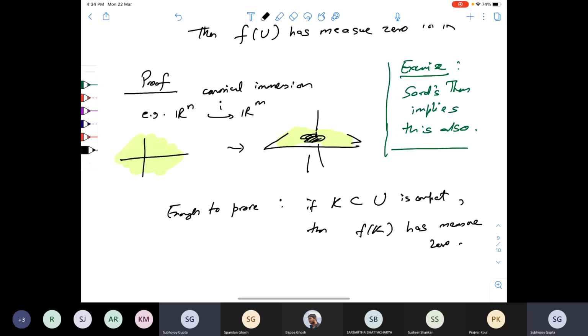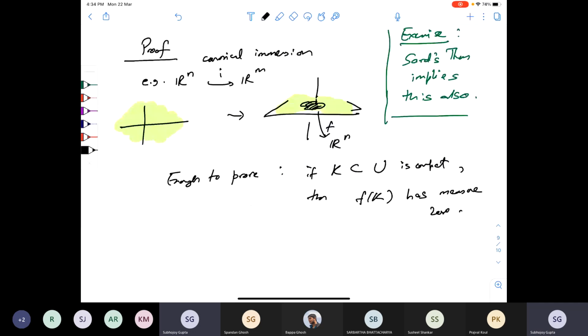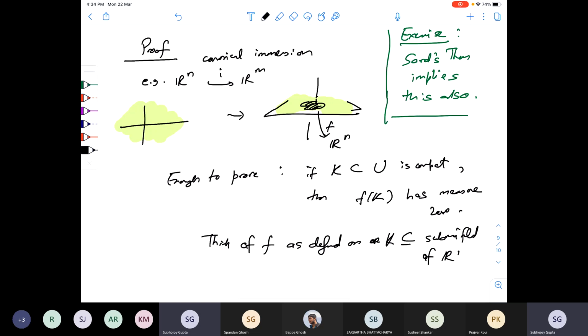So think of f as defined on K, which is contained in a submanifold of R^m, where the submanifold is nothing but this canonical immersion.